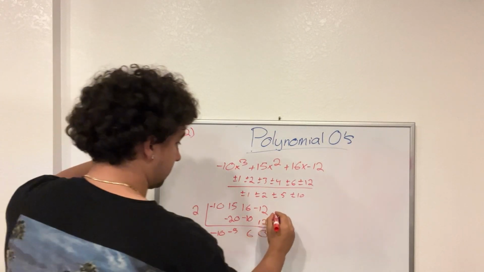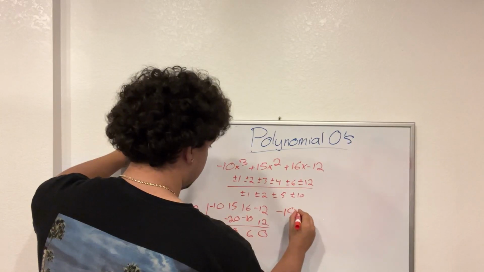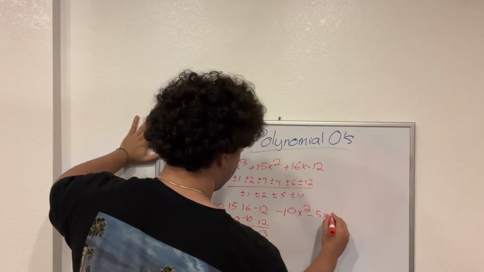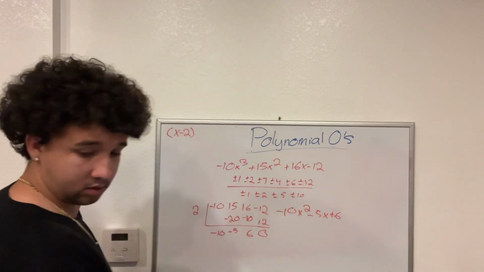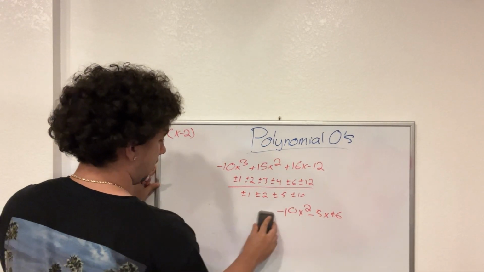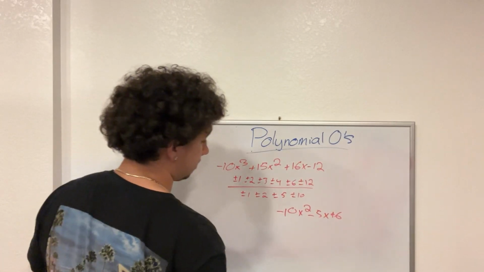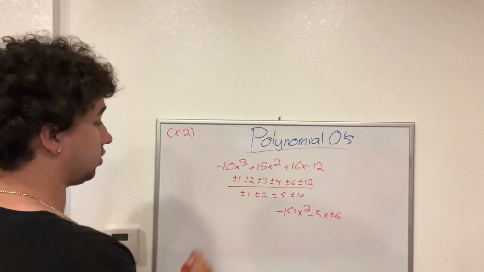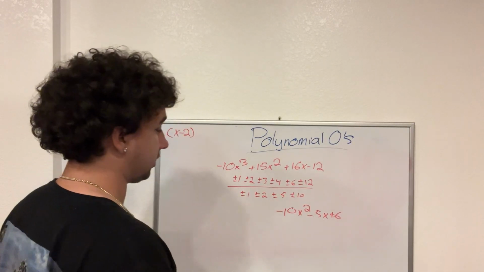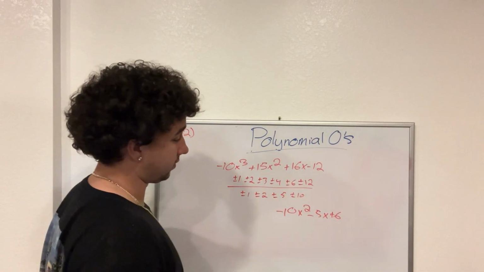Now I have my new values here. So this is going to be negative 10x squared minus 5x plus 6. From here, there's a number of things I can do. For example, I could do this all over again and then find my zeros. Another thing I can try is to factor.